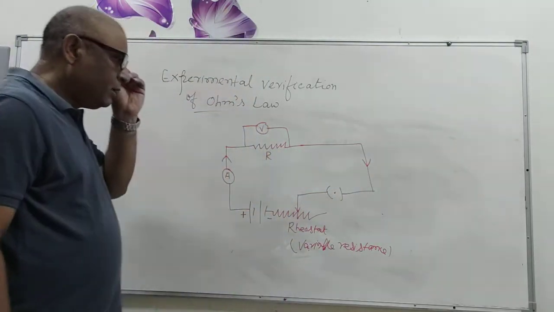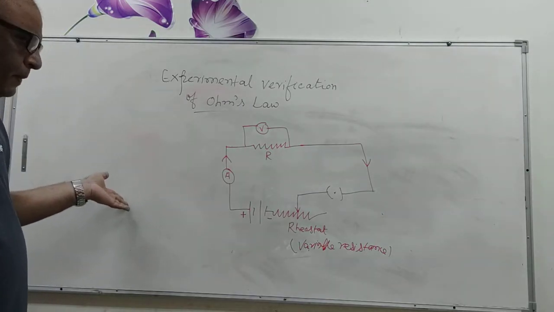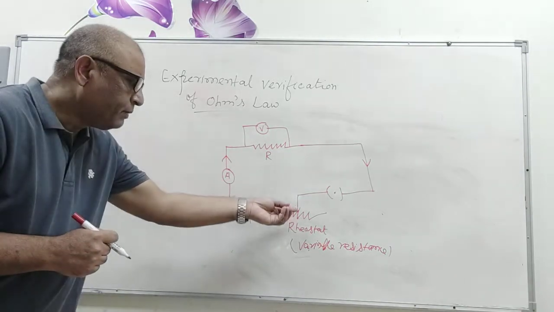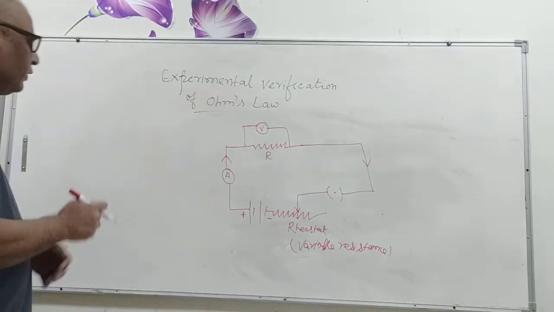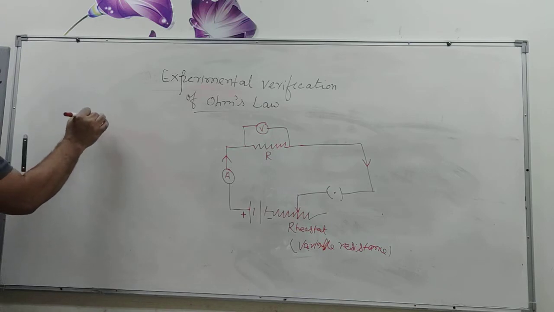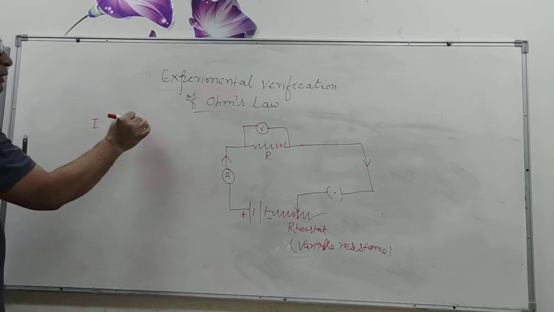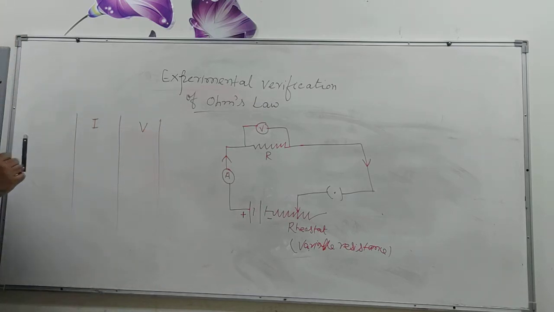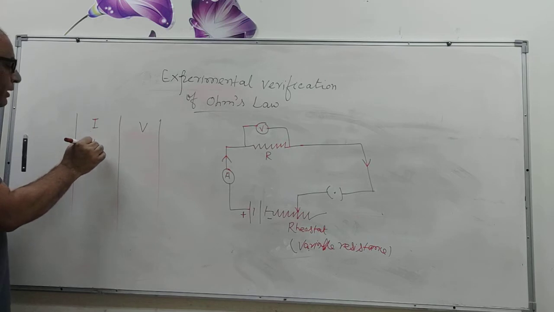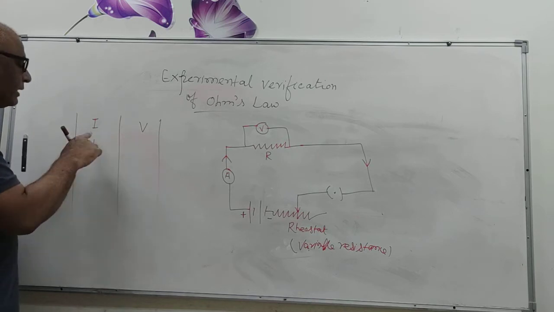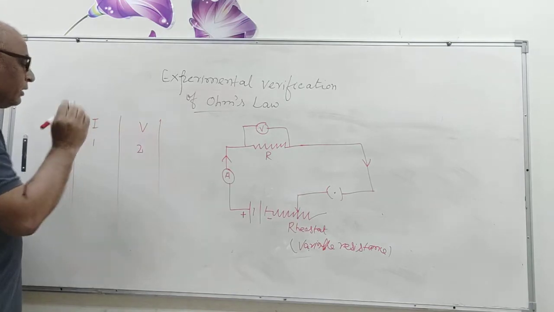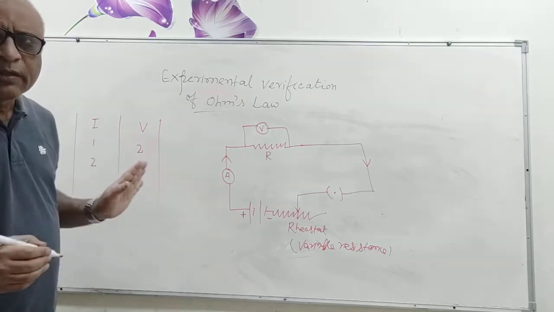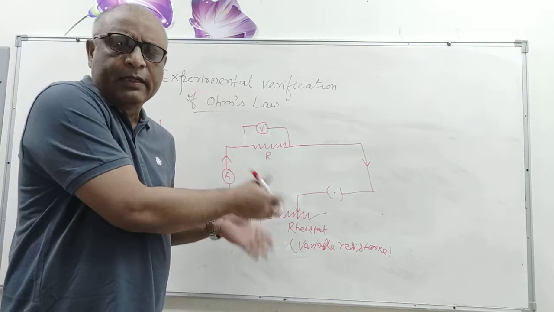Now, let us make a table here. Suppose that by sliding the pointer of the rheostat, you find current I and potential V like this. When current is 1 ampere, potential is 2 volt. When current is 2, experimentally we find 4 volt. Here I am writing on the board, but when you do the experiment in class 10, you find this.